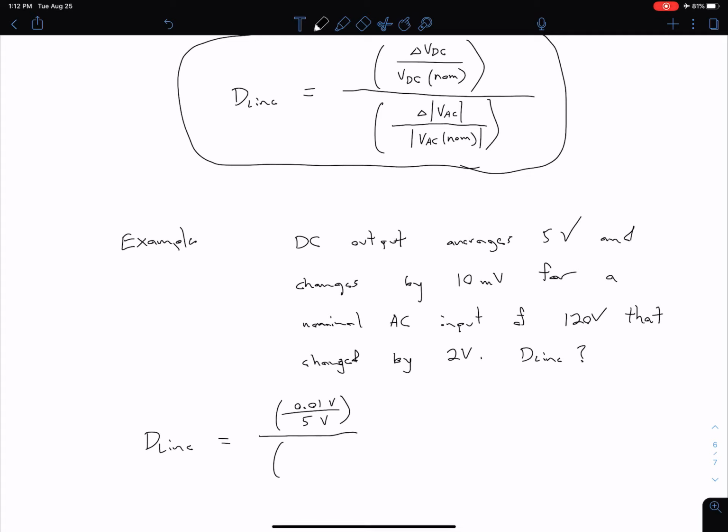In our denominator, our delta VAC changed by 2 volts, and our nominal value we were told was 120 volts. And so we just plug that into a calculator and we get 0.12, which would of course be a 12% value for our fractional line regulation. So pretty straightforward equation to use.